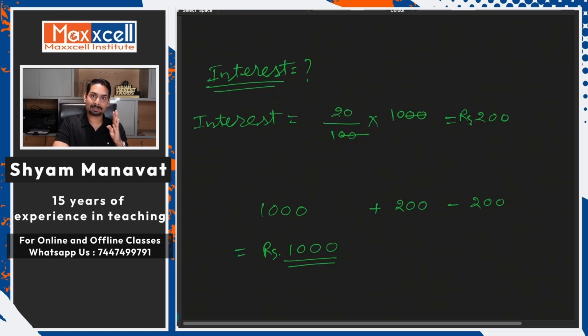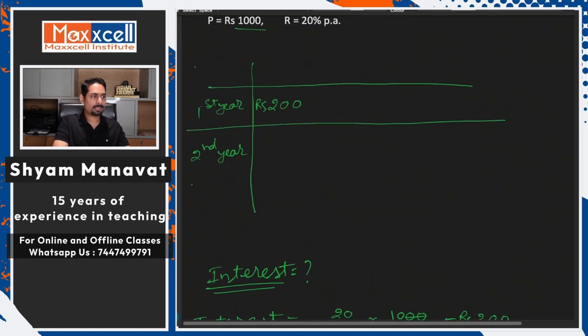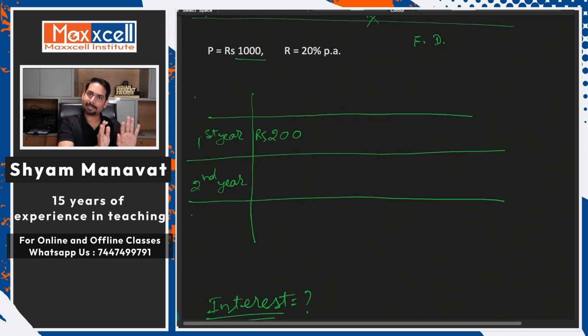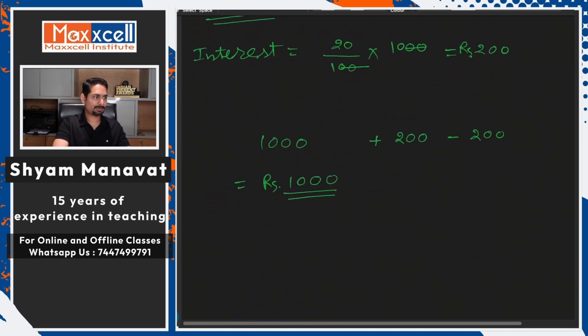That's what I'm considering in this case, that the interest which you are earning, you are withdrawing. So for second year also, you have only 1000 rupees left in the bank, and the bank will calculate 20% on 1000 rupees again. I hope this part is clear. 1000 you had, 200 rupees you earned after first year, which you withdrew, so again you are left with only 1000 rupees in the bank account.